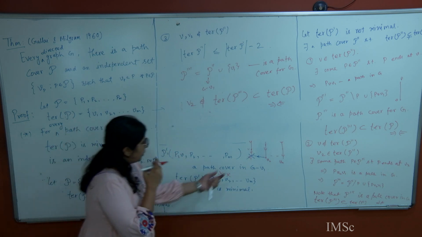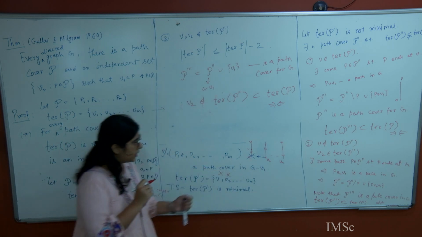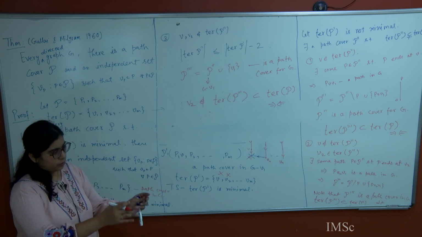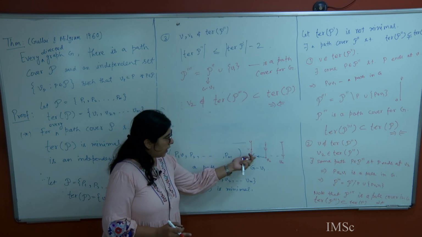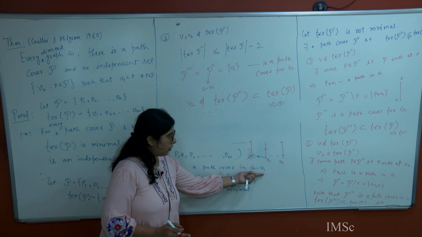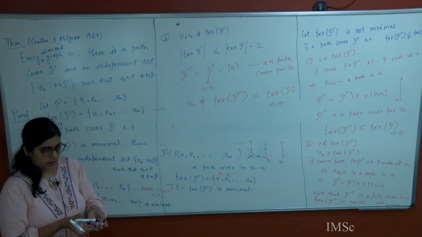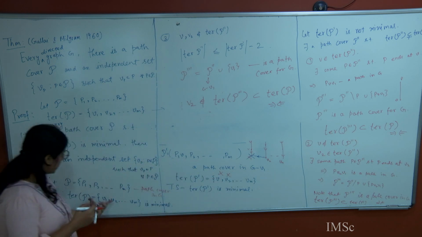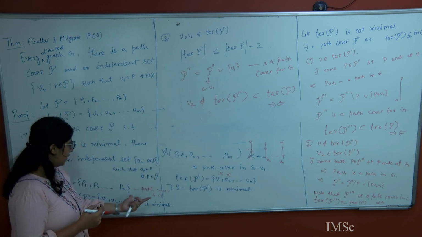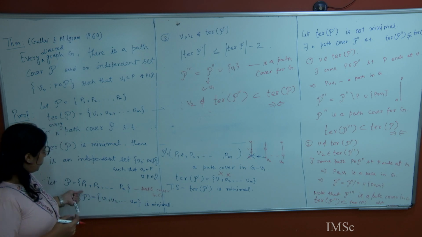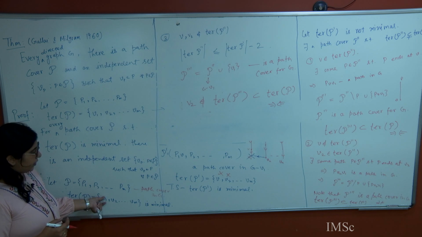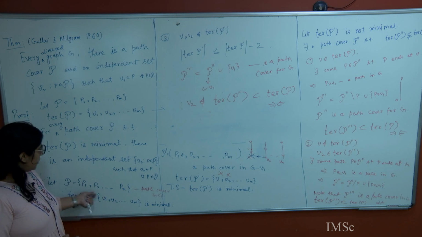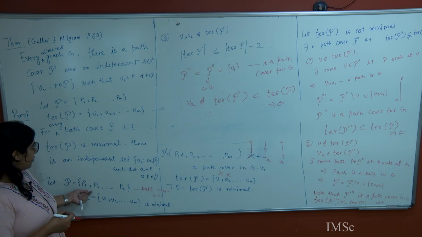Okay, and now V2 V1 is an edge, and in order to use induction, I want to reduce the size of the graph. So I'll remove V1 and look at G minus V1. Now for G minus V1, again I'll get some path cover. What will that path cover be? P1 was ending at V1, so if I am removing V1 from the graph, let us remove V1 from this path.